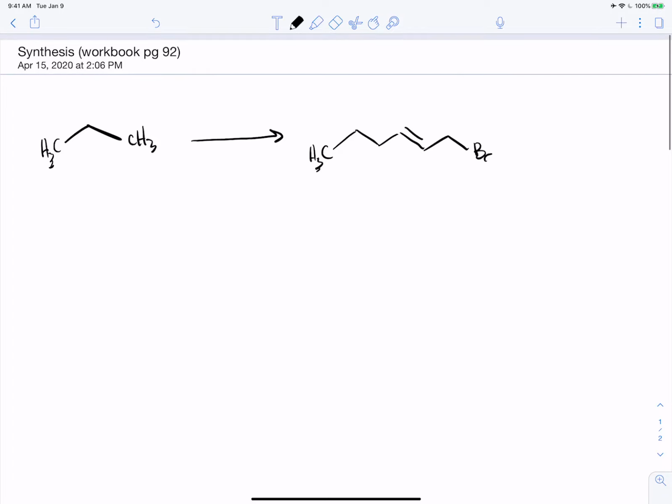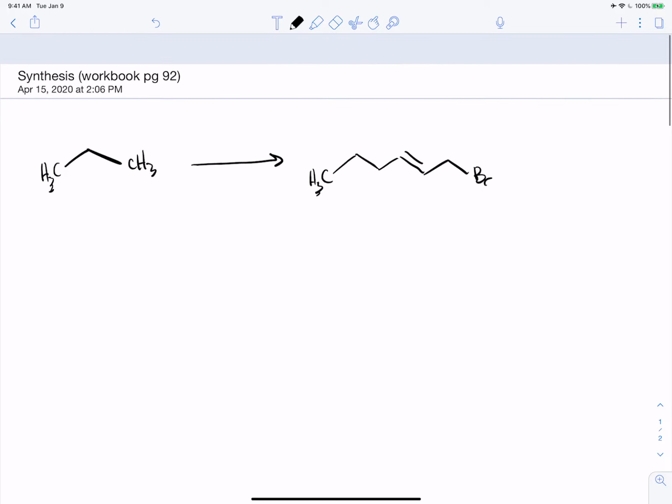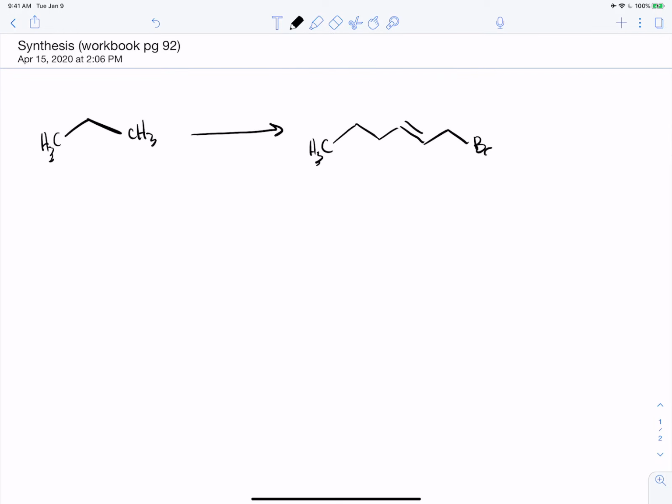So I'm going to use the same strategy I've taught in other videos, which is to look at things retrosynthetically to get back to the carbon fragments I need, and use some forward thinking once I get to that point to do all the functional group transformations.